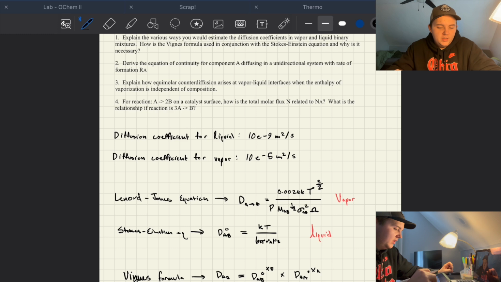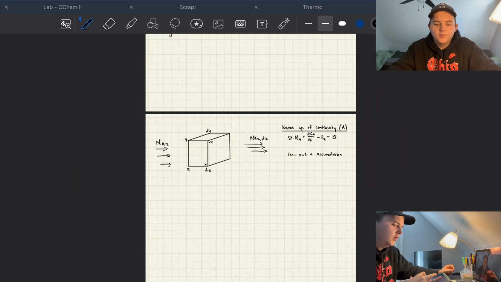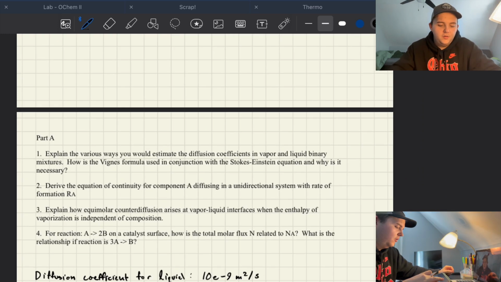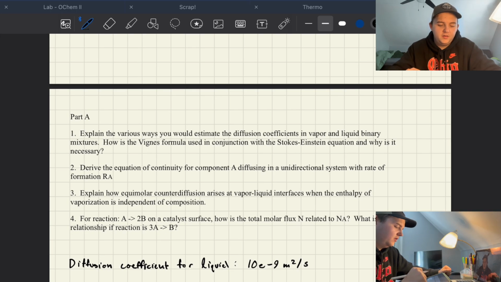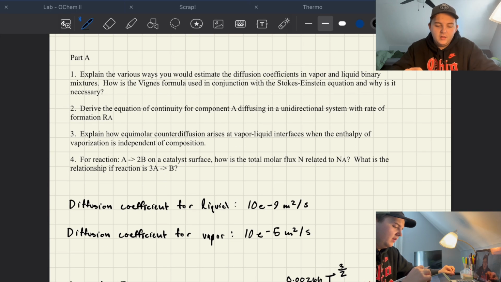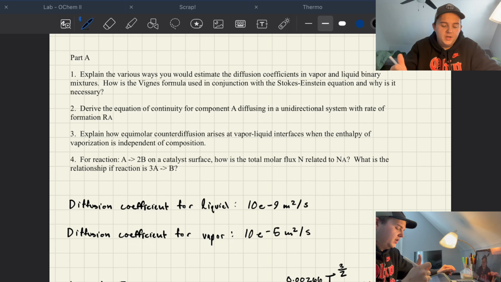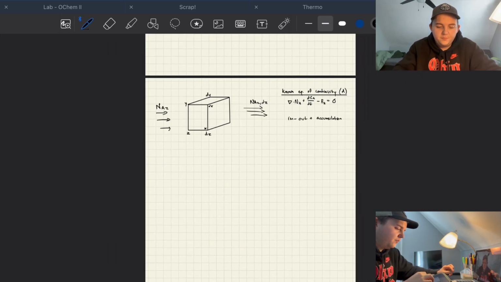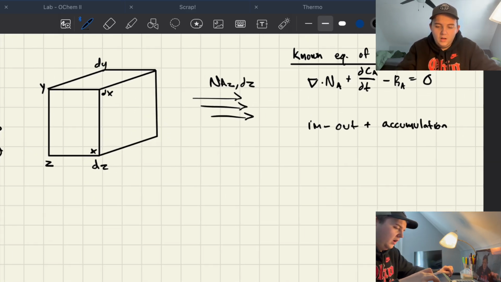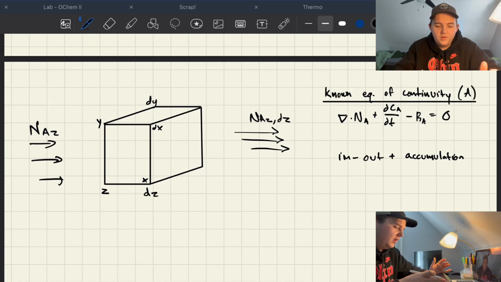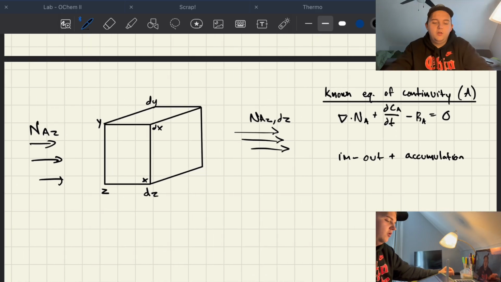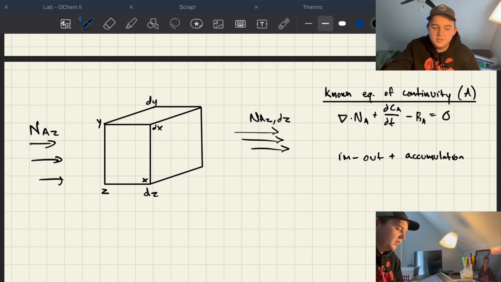So now we're going to move on to 2. Okay, I just drew our diagram down here to get started on 2. But the question here is: derive the equation of continuity for component A diffusing in a unidirectional system with a rate of formation R_A. So what I just wrote down here is a cube to show dimensions a little better.